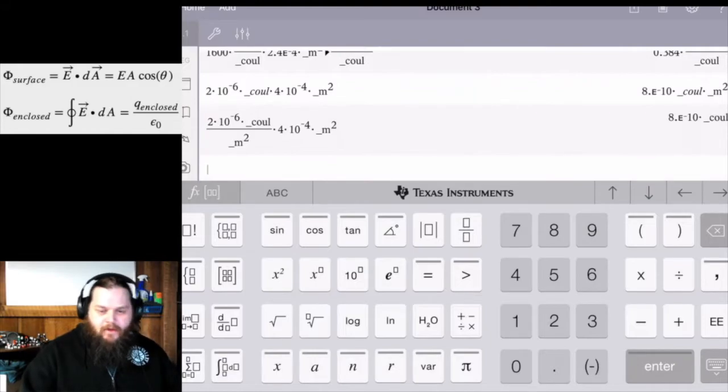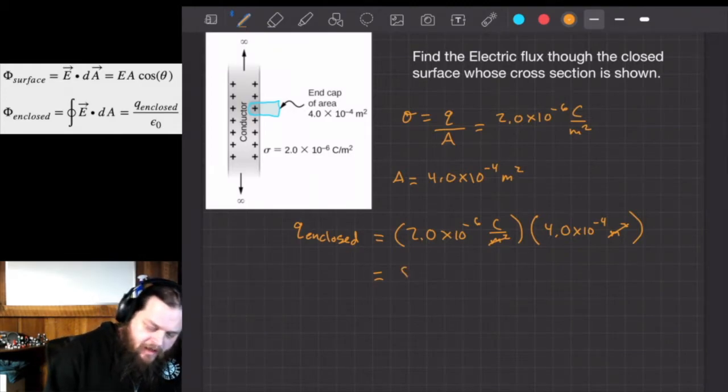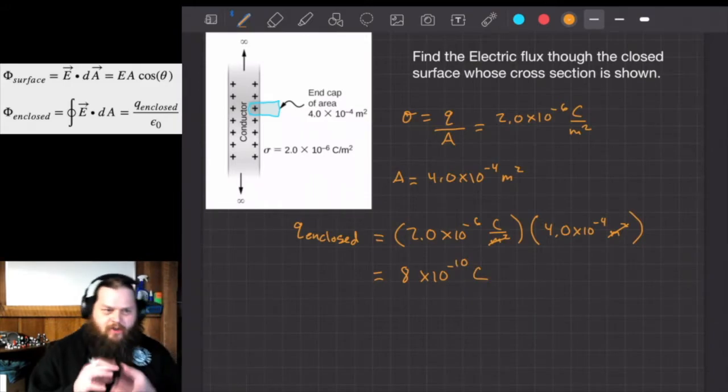There we go. So we end up with 8 times 10 to the negative 10 coulombs. So that's the charge enclosed in there.